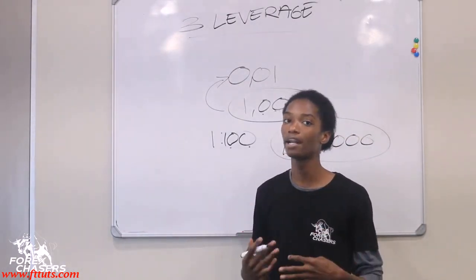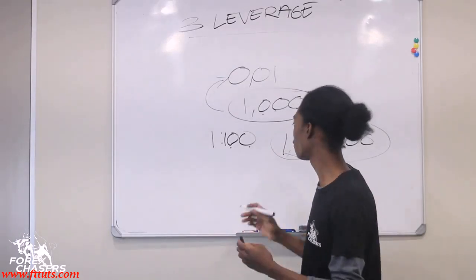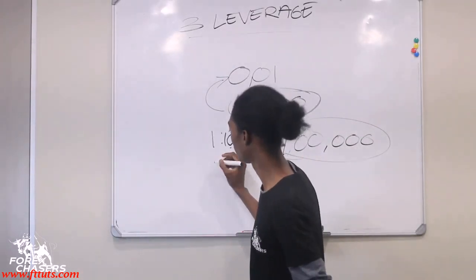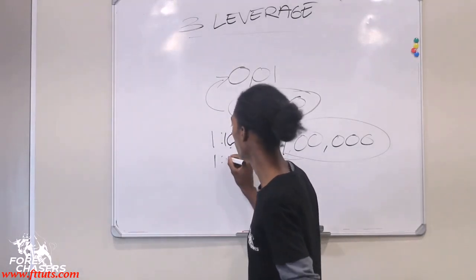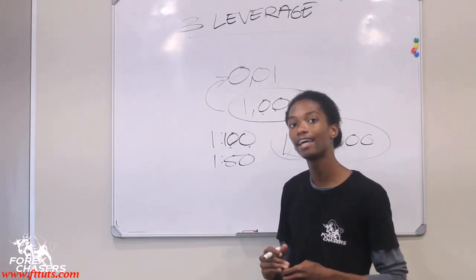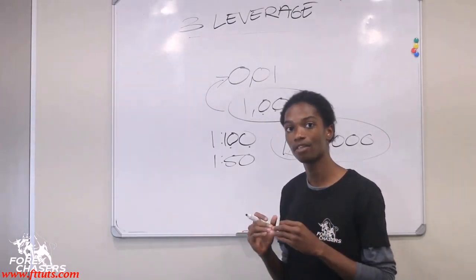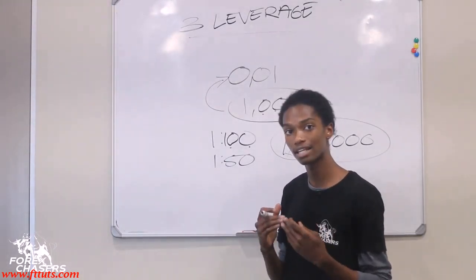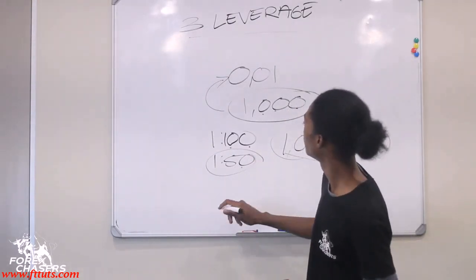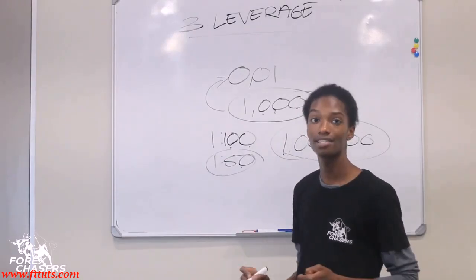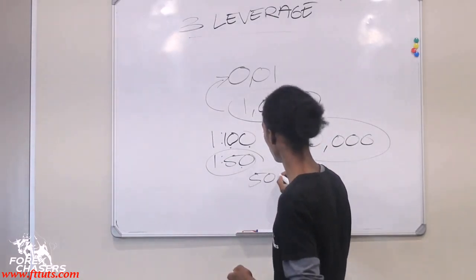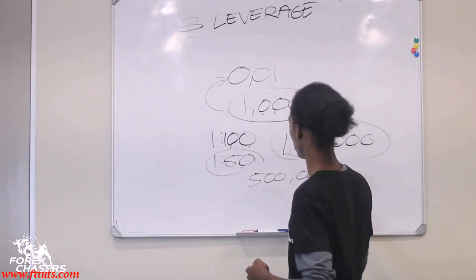with the leverage of 1:100. So for example, if our broker then offered us a leverage of 1:50, all that would do is multiply the units of currency that we're able to buy or sell by 50. So 50 times 1,000 equals 50,000.